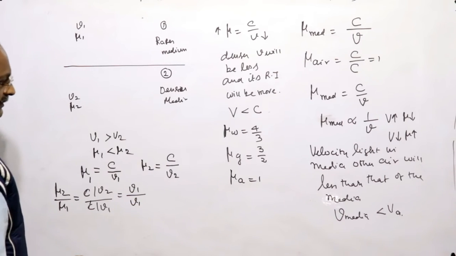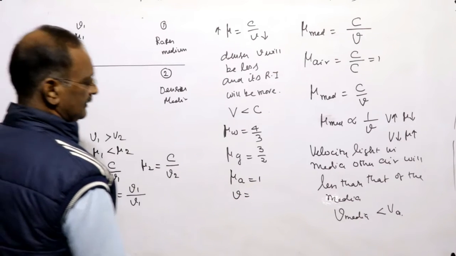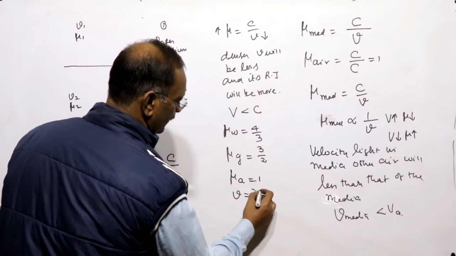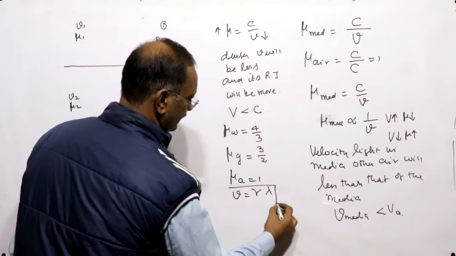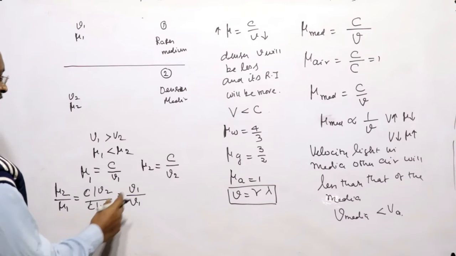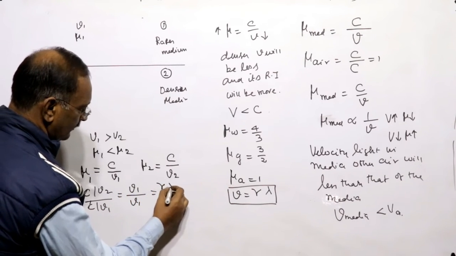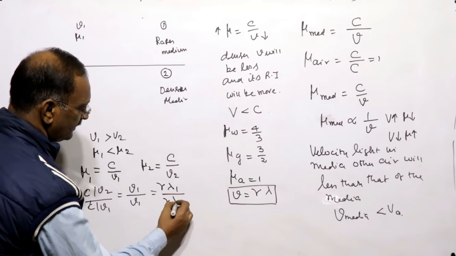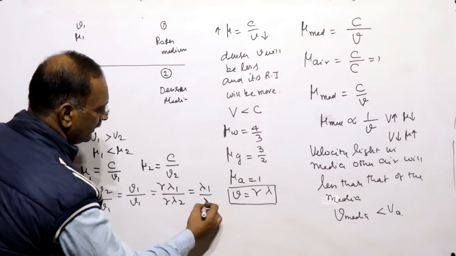As we know, the velocity of light is given by the relation of frequency and wavelength. So V is equal to frequency multiplied by wavelength. So V1 is frequency into wavelength in the first medium, and V2 is frequency into wavelength in the second medium, so V1 by V2 is equal to lambda 1 by lambda 2.